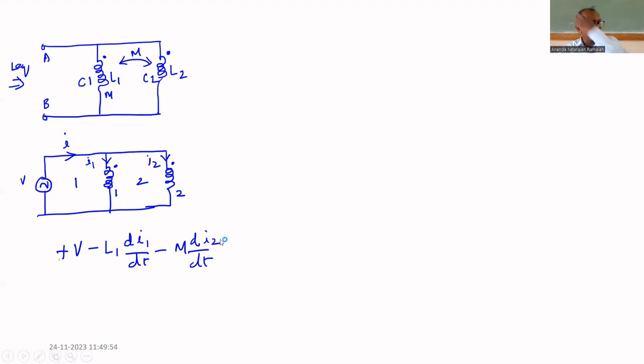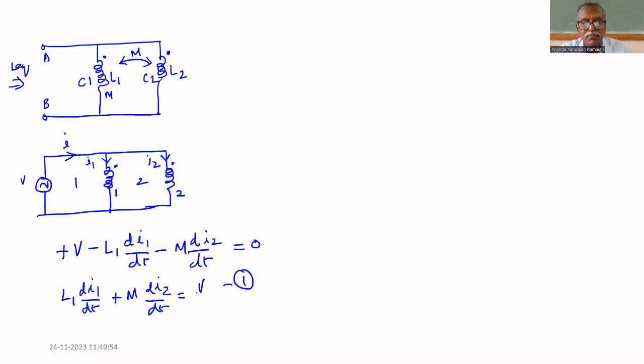You will get confused otherwise. So minus L1 di1 by dt minus M di2 by dt, since the convention is the same, equal to 0. Or we can say L1 di1 by dt plus M di2 by dt equals V. This is the first equation.